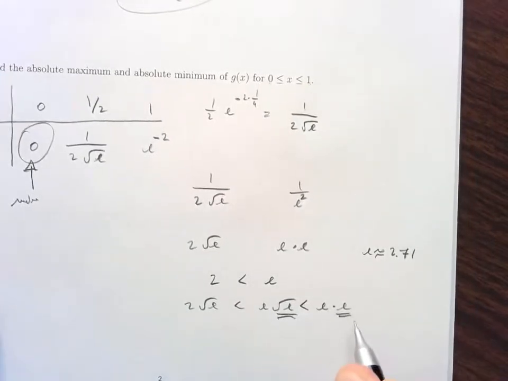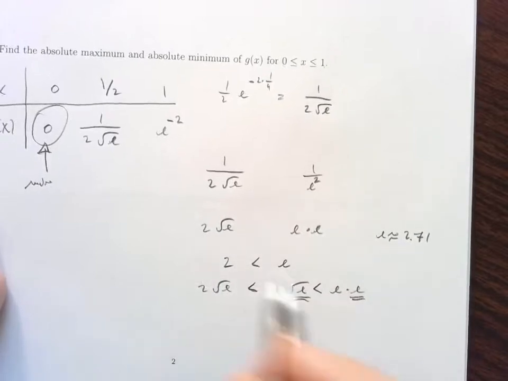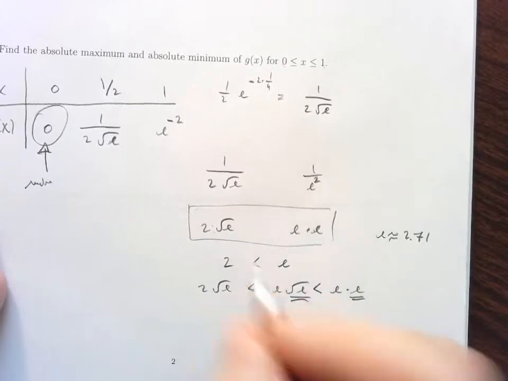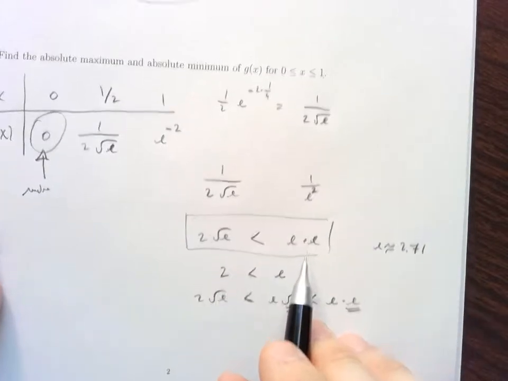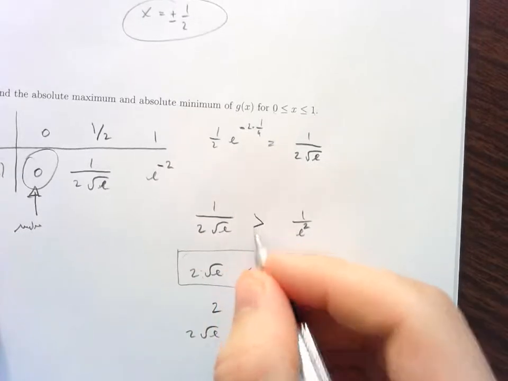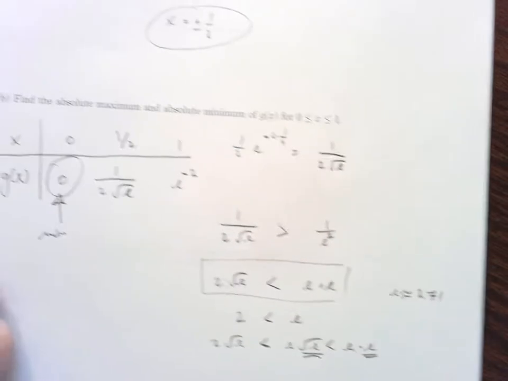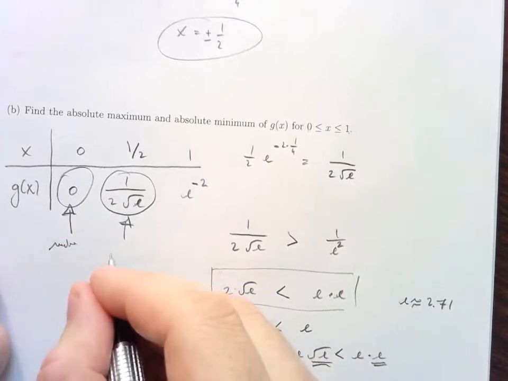By comparing these two guys, the root is going to be smaller than the number itself. So what this tells us is that in this comparison, the 2 root e is the smaller of the two, and by taking the reciprocals, 1 over 2 root e is the larger number here, so that is going to be my maximum.